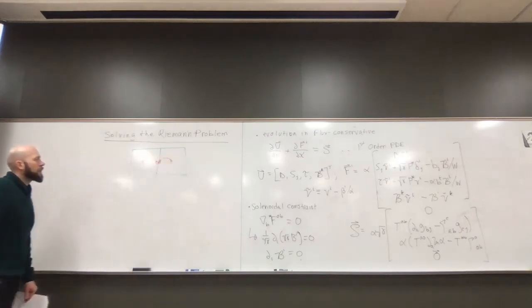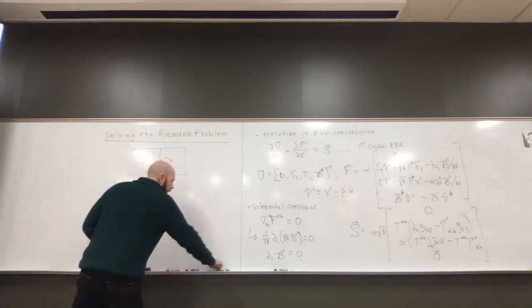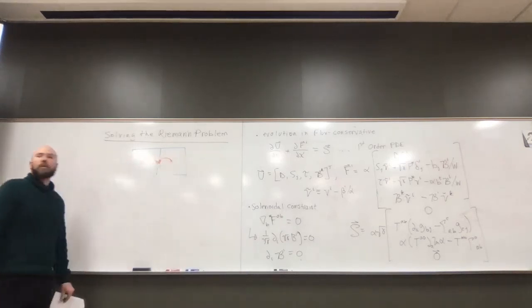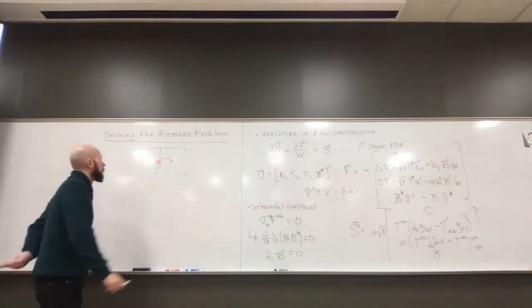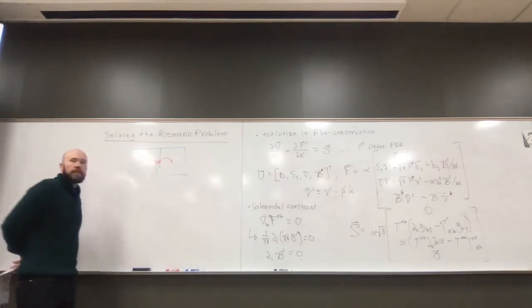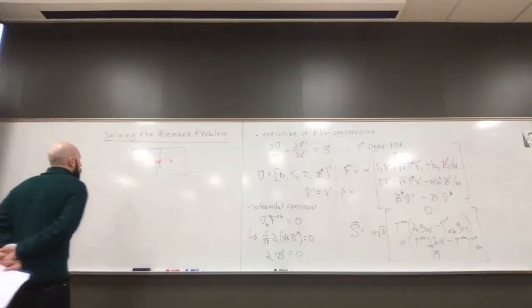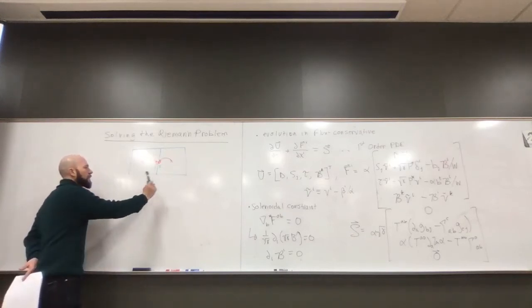Because I'm using two different interpolation stencils to do those operations, I end up with two different states which are nominally at exactly the same spatial coordinate. And they are at exactly the same coordinate, two different states. There's an infinite discontinuity between them, like a shock. We're going to call those the left and right states. Left on this side, right on this side.